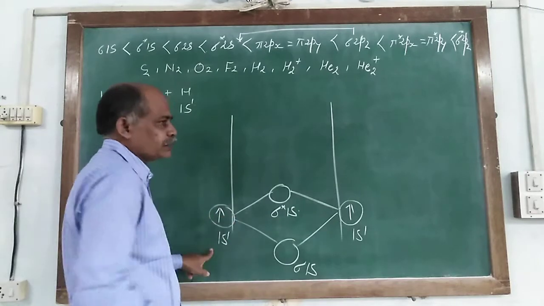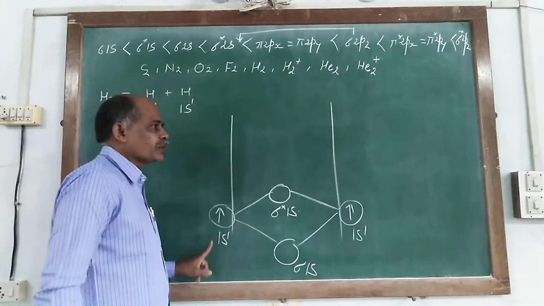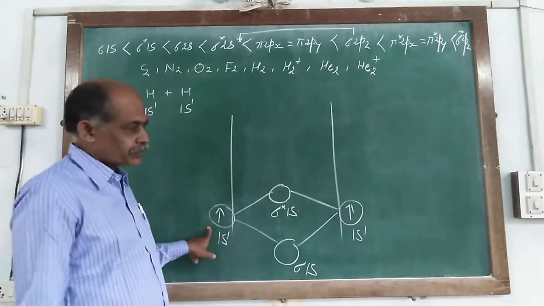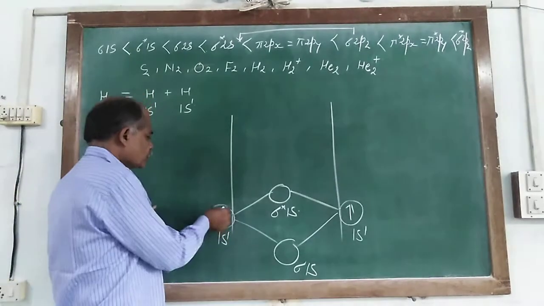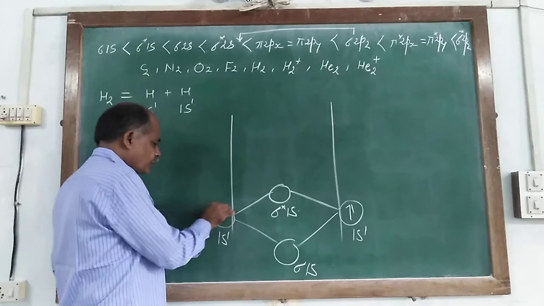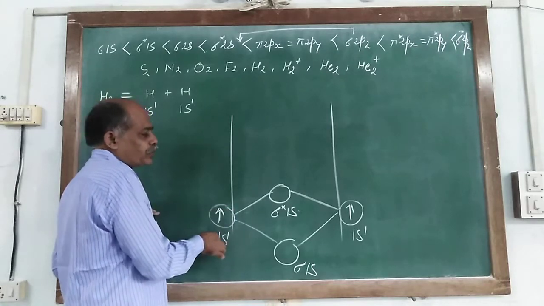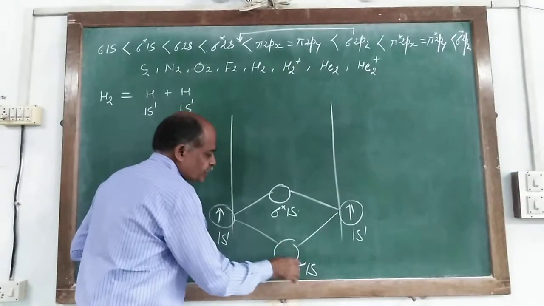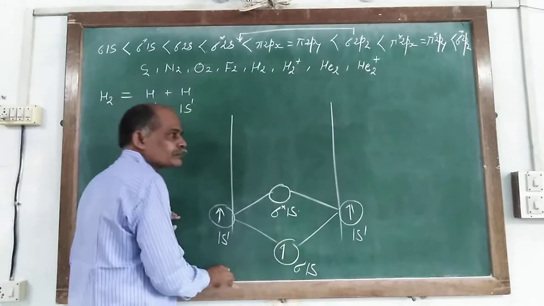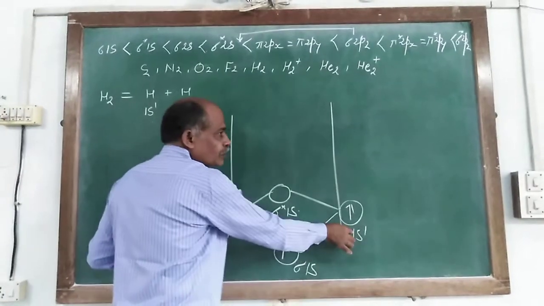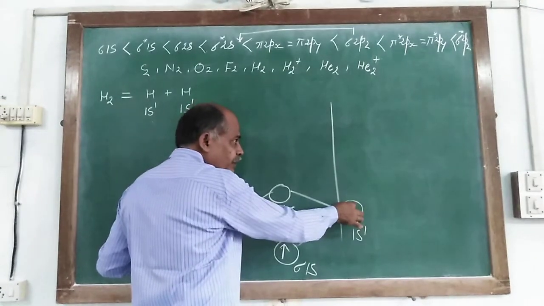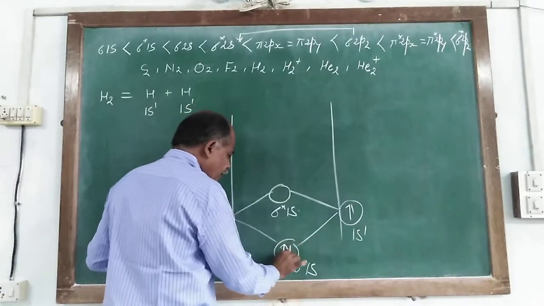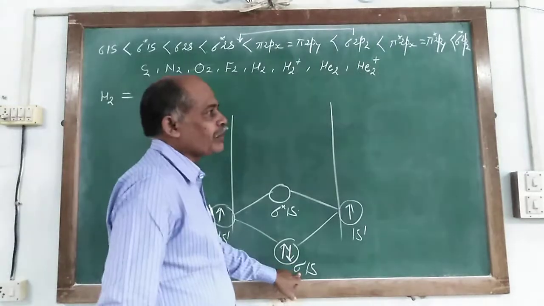One electron from the 1s atomic orbital goes into sigma 1s, and the one electron from the other hydrogen atom also goes into sigma 1s.